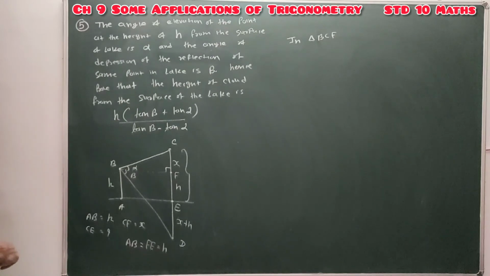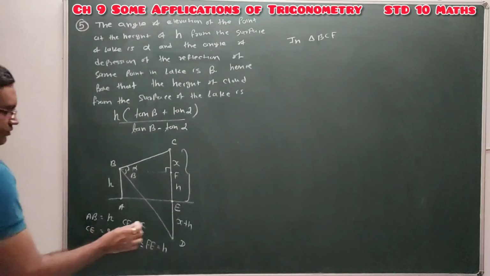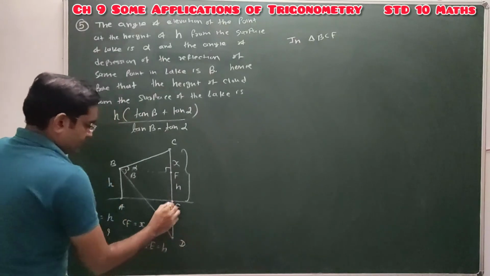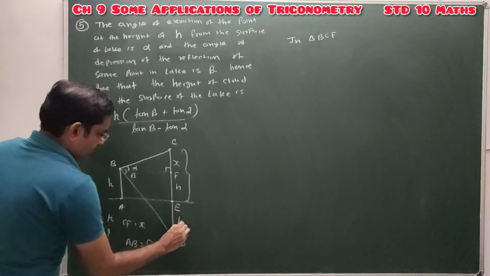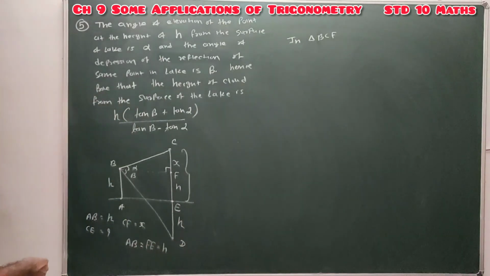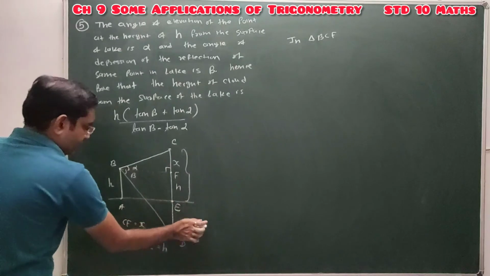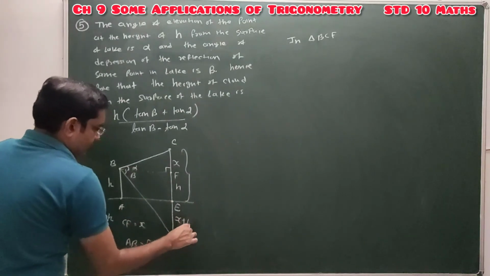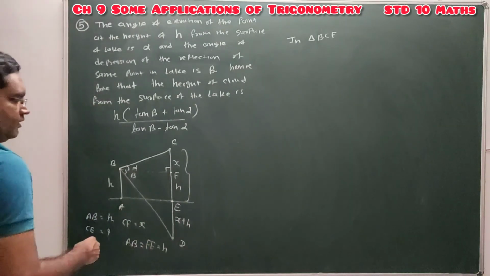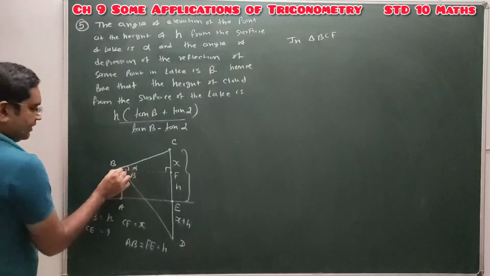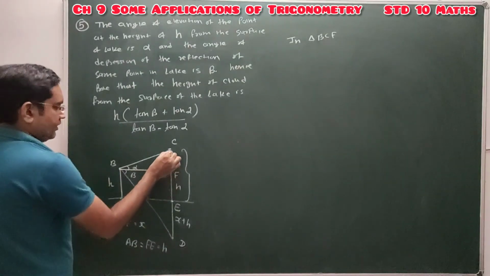So now, x plus h is not correct here, it will be h only. Total height is also equal to x plus h. So now consider two right angle triangles. The first right angle triangle is BFC.